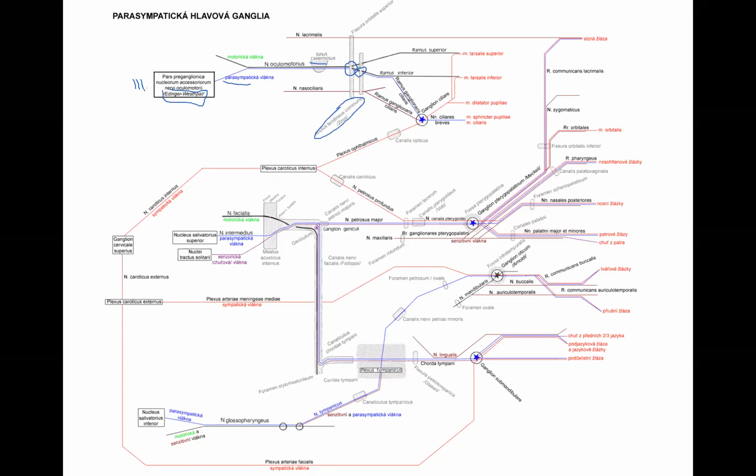And then the fibers use the inferior branch and leave it to enter the ciliary ganglion. This is the parasympathetic ganglion, so it synapses here, and then it innervates the muscles responsible for miosis, the sphincter pupillae, and accommodation of the lens, to be able to focus at near, the ciliary muscle. So this is what you know from the cranial nerves, and now we have just repeated it.